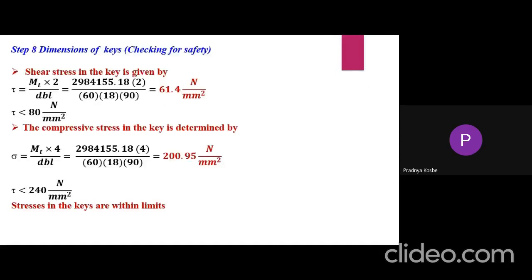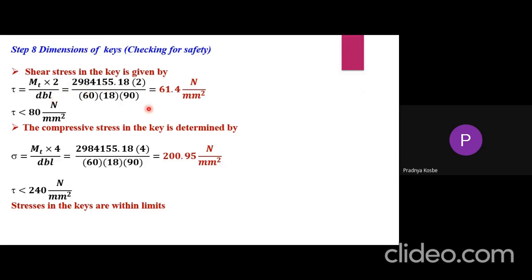And last step is to check the dimensions of the key for safety. Shear stress developed in the key is given by 2 mt divided by d b l. That is the shear area over here.